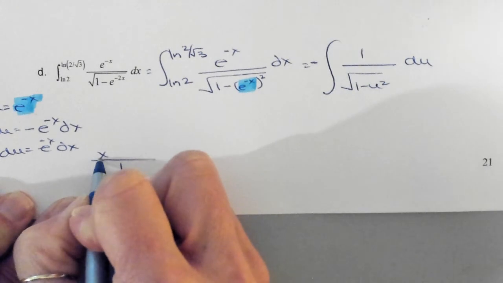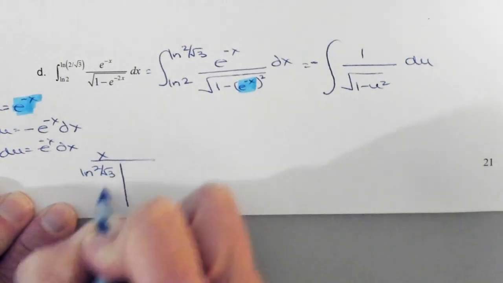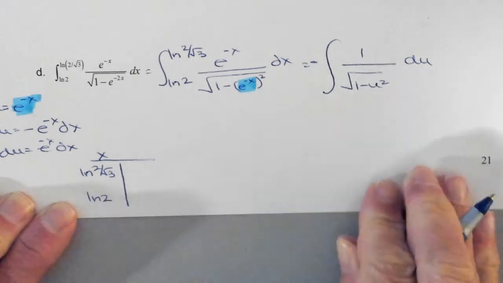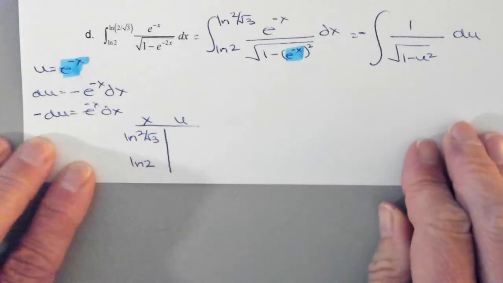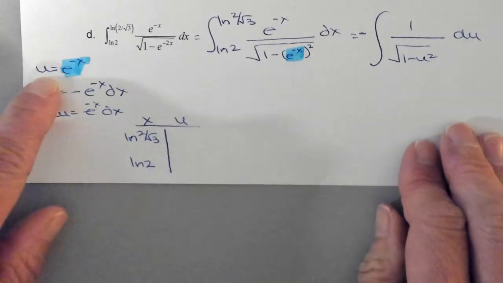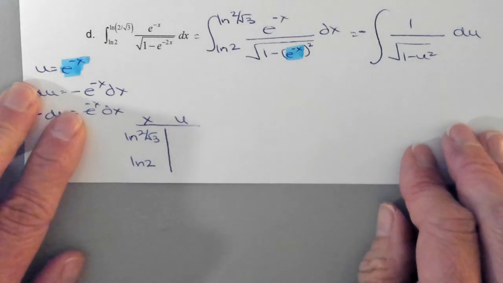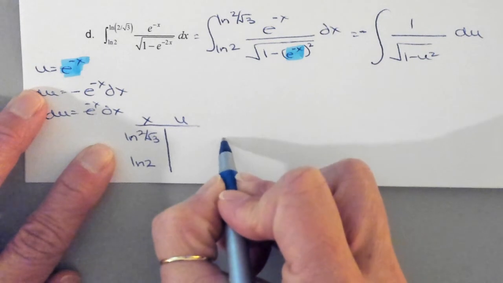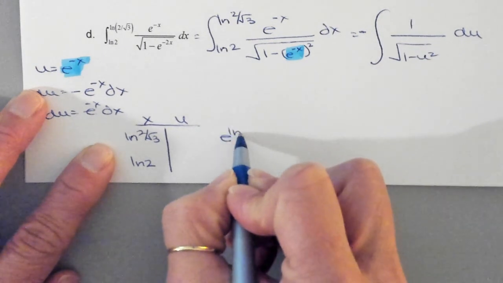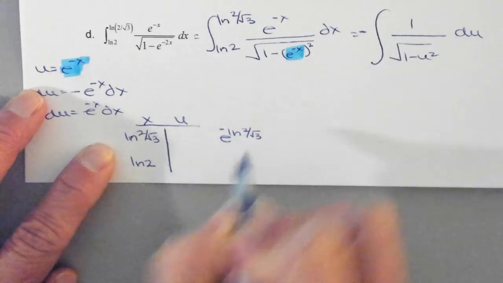So this is x. So you've got natural log 2 over the square root of 3, natural log of 2. Okay, and this is going to be u. So let's plug these in, and we're plugging in right here to this one over here. So you've got e to the natural log, negative natural log of 2 over the square root of 3.